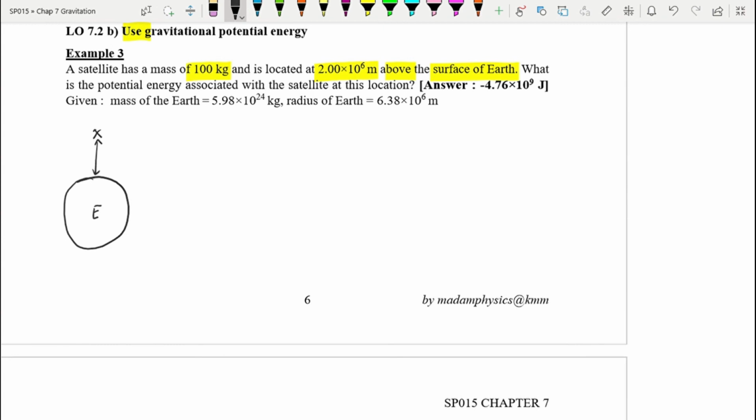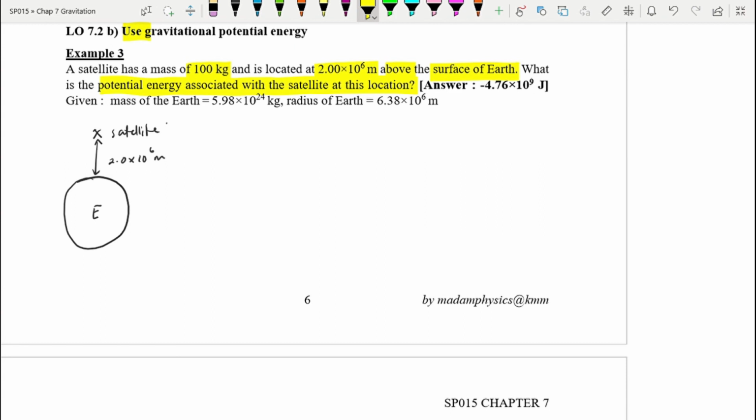Kita buat X untuk satellite. Satellite 2 exponent 6 meter height from the surface of the Earth. What is the potential energy associated with the satellite at this location?